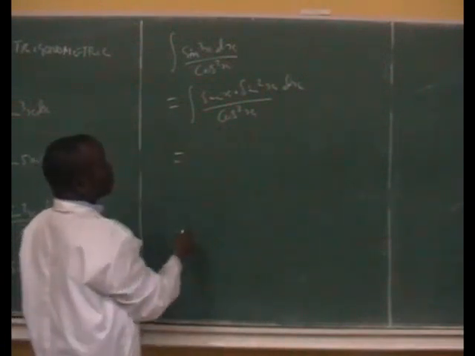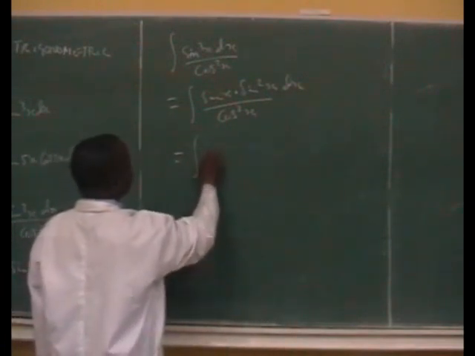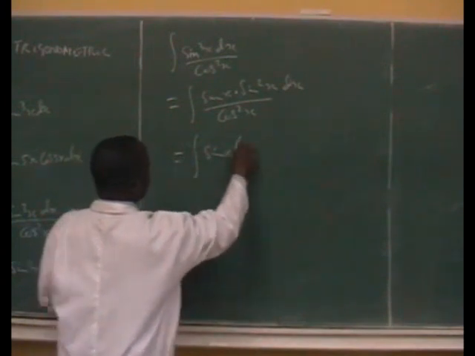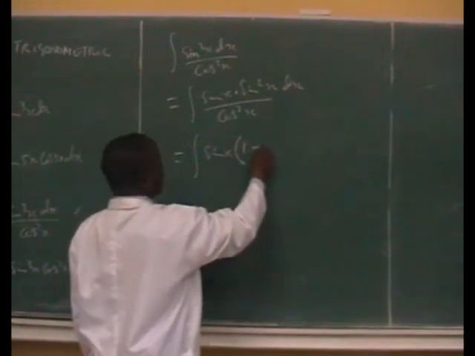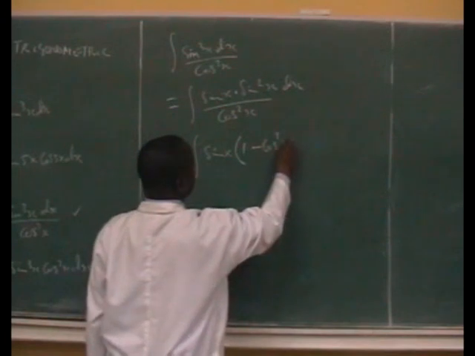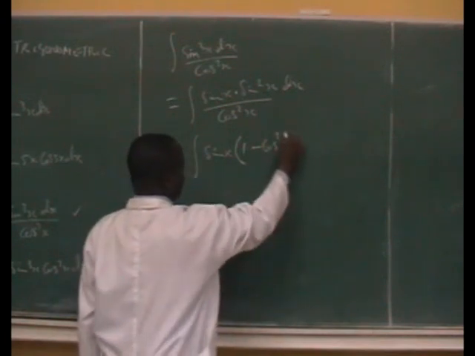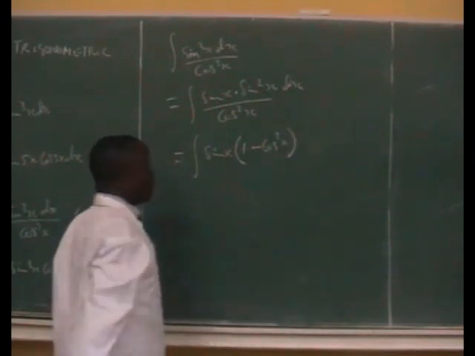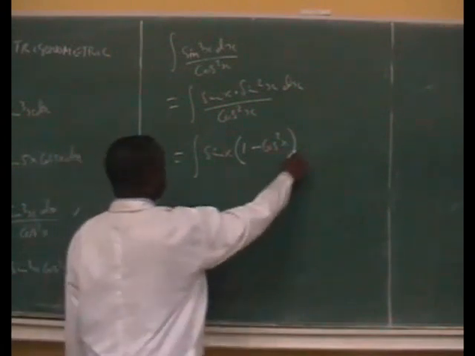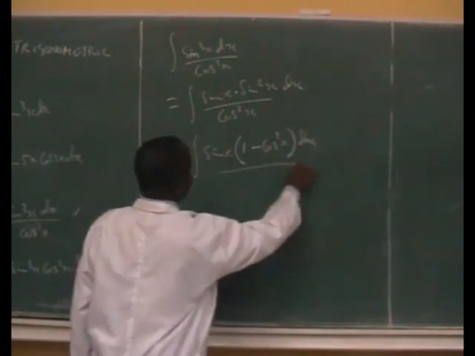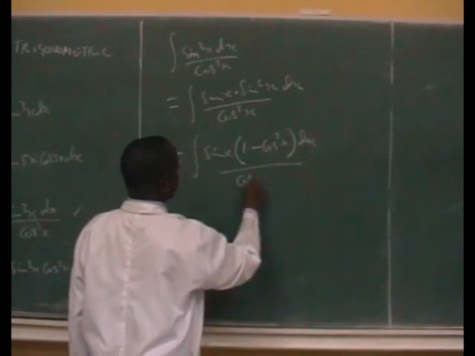Now this is the same thing as writing integral of sine x bracket 1 minus cos square x, yes, that is using identity, dx all over cos square x.